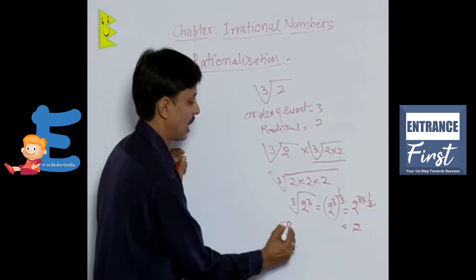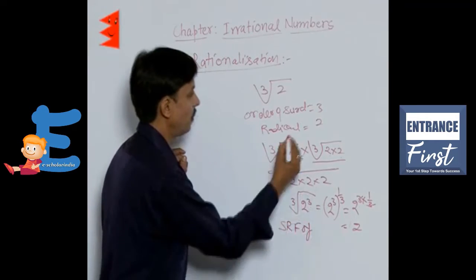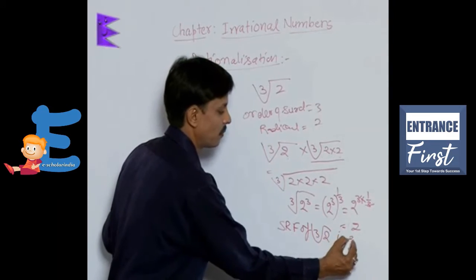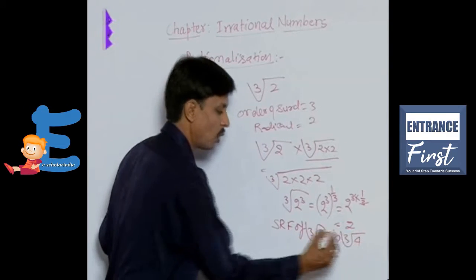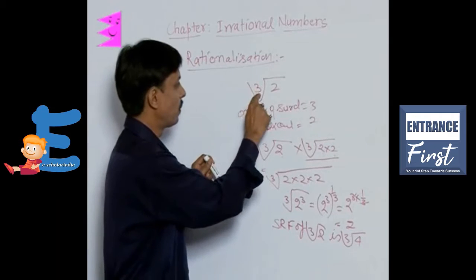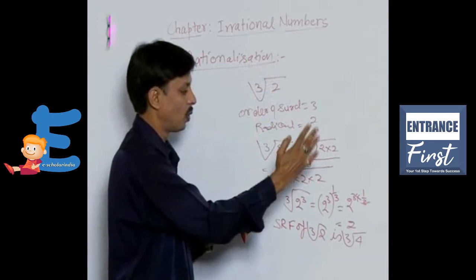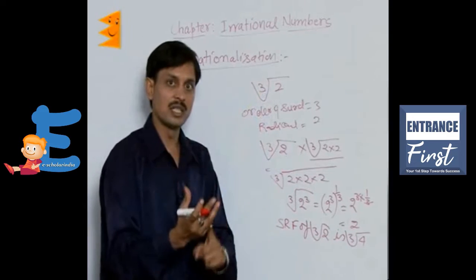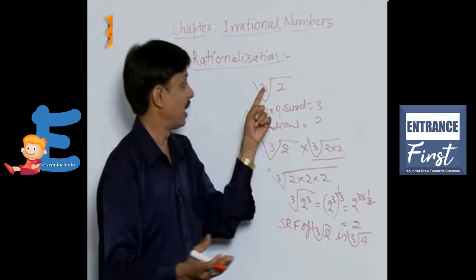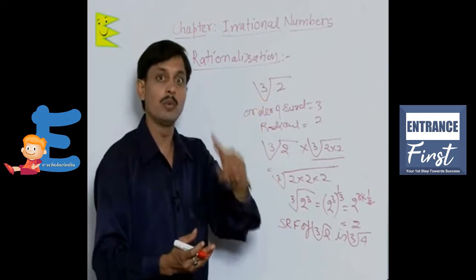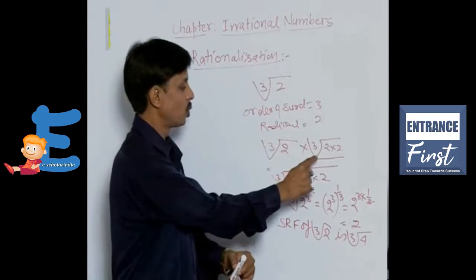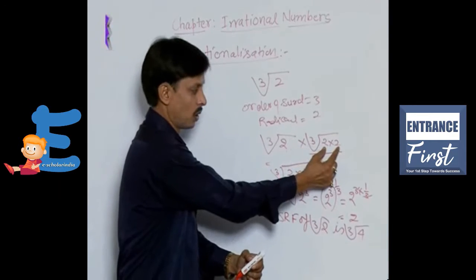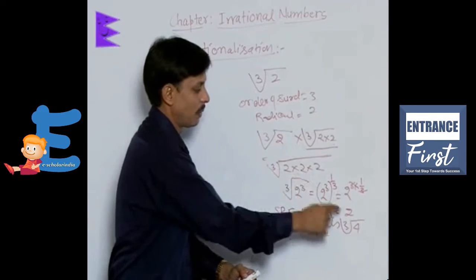So the SRF of the cube root of 2 is what? The cube root of 4. Because when the cube root of 2 is multiplied by the cube root of 4, it gives us 2. As I showed you here, this is the cube root of 2. When it is multiplied by the cube root of 4, what answer is coming? 2.